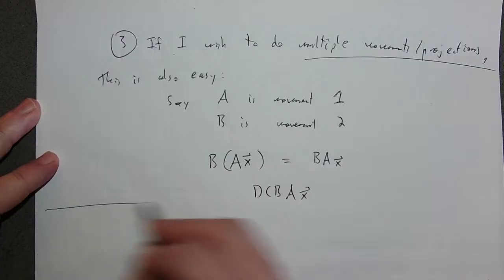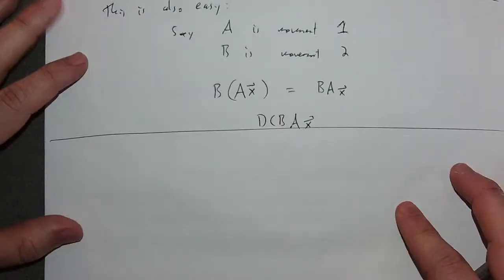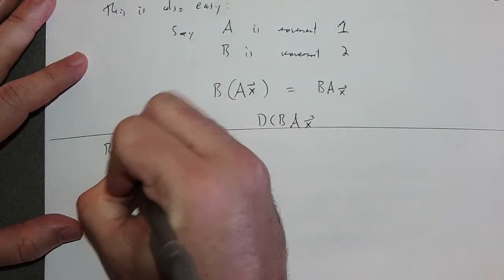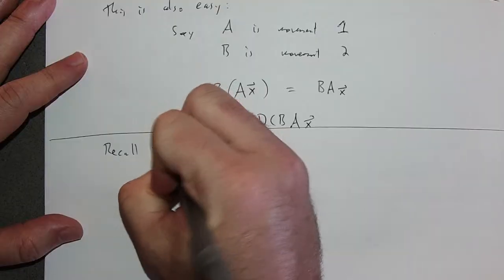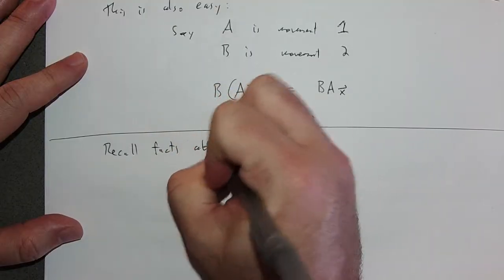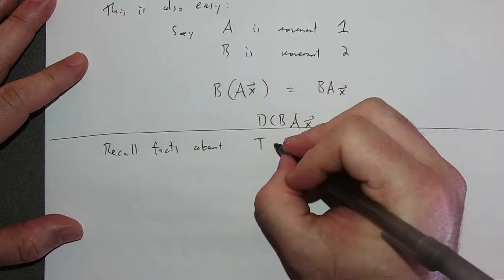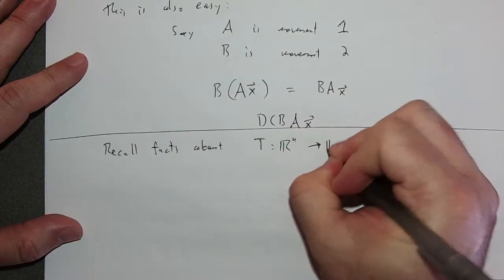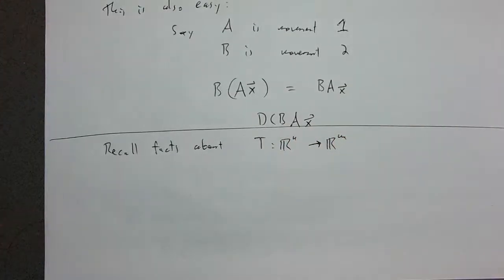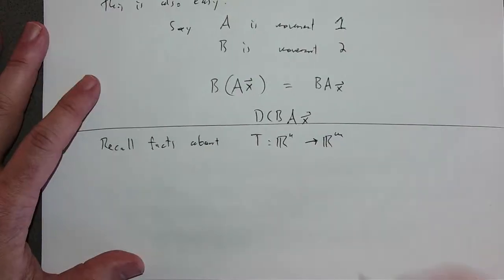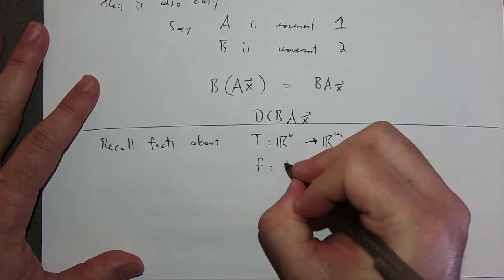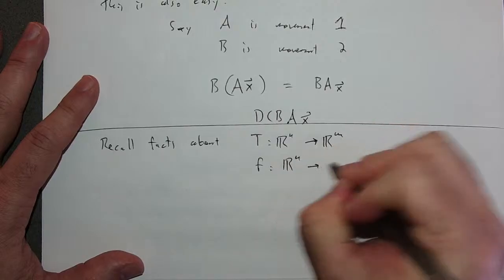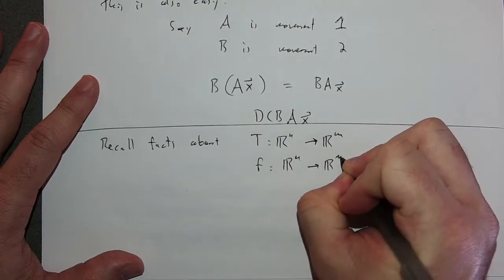And now recall some facts about a linear transformation. Recall facts about T. And if you like, I'll change this notation from T to F, keeping everything the same here.